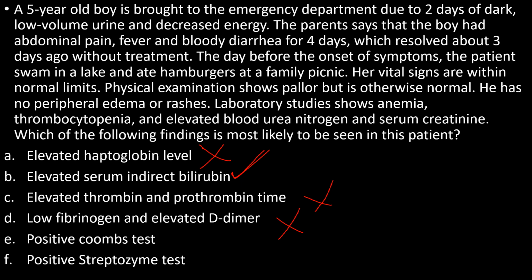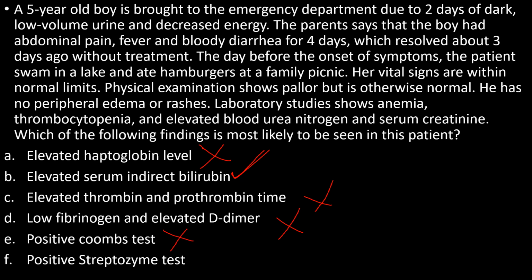The Coombs test or the direct antiglobulin test detects autoantibodies against RBCs if they are present in the serum. The hemolytic anemia of hemolytic uremic syndrome is mechanical rather than autoimmune. Therefore, the Coombs test is negative.